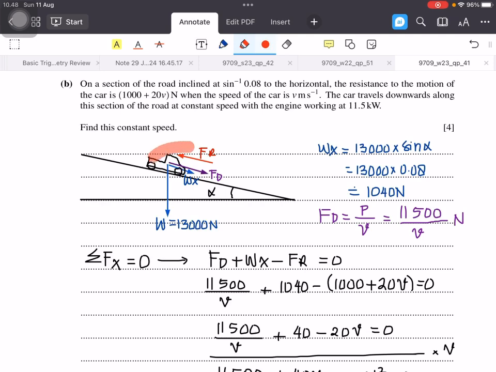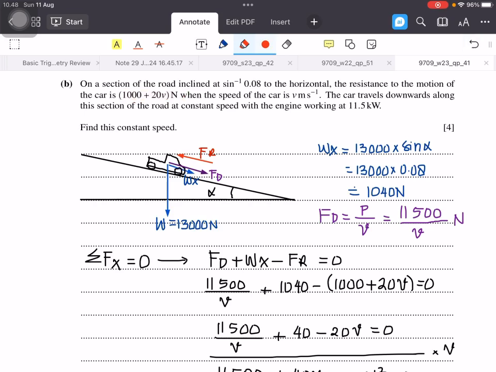This is the free body diagram on the car. We have W = 13,000 Newton. This W we can resolve into Wx, and actually we have Wy, but since the resistance is already given in terms of V, we don't need to find Wy.